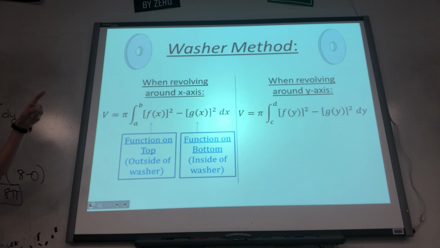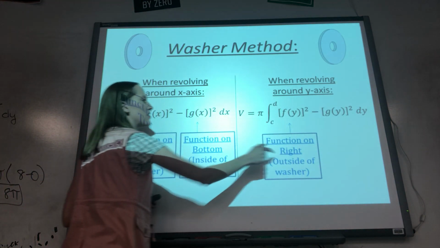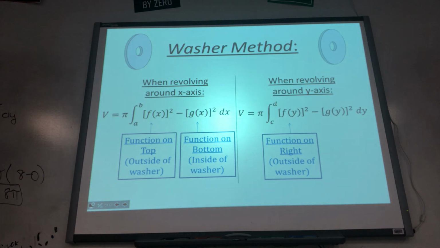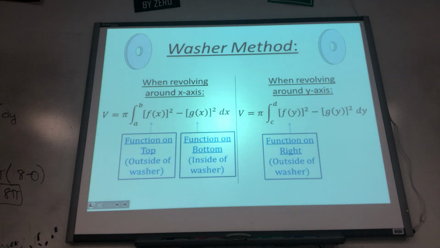I don't have a good picture of going around the y-axis, but the first function that you put here is going to be the function on the right side of your bounded region. That ends up being the outside of the washer.